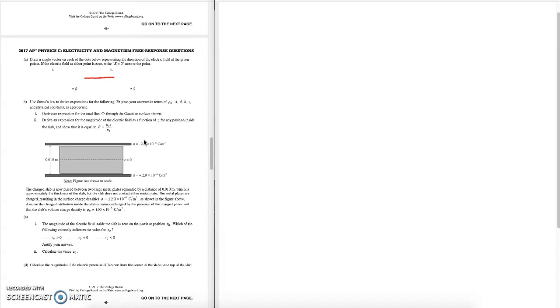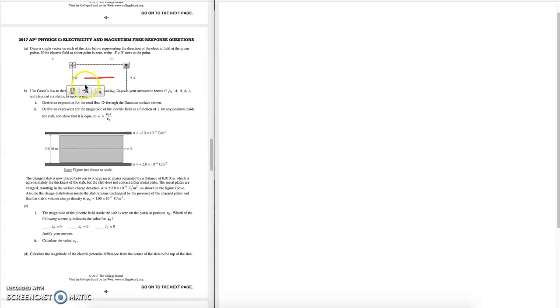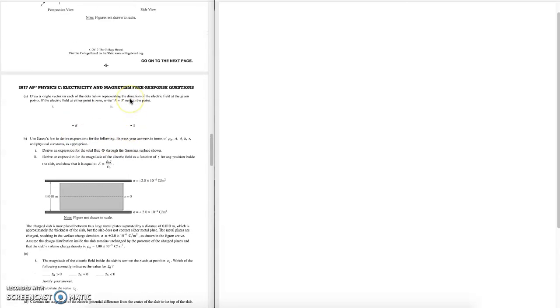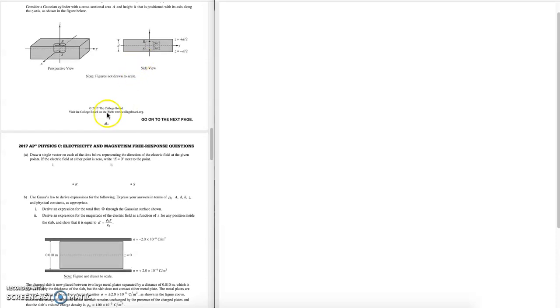So let's scroll down here and we can get rid of that. We don't need that. All right, draw a single vector on each of the dots representing the direction of the electric field at a given point. So at point R, R is in the top half of the slab, and all of the positive charge is below it.